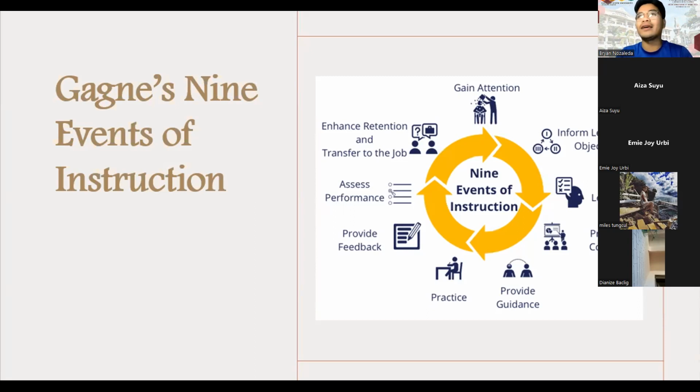It's your strategy now. Doon na papasok yung strategy mo. Pag natapos mo ng ma-ignite o ma-trigger yung mga schema o yung prior knowledge ng mga estudyante mo, gumawa ka na ng sitwasyon ng transition dun sa content mo mismo. So, halimbawa, we talk about the Pythagorean theorem.